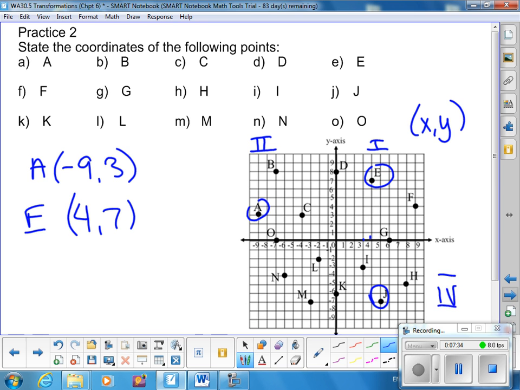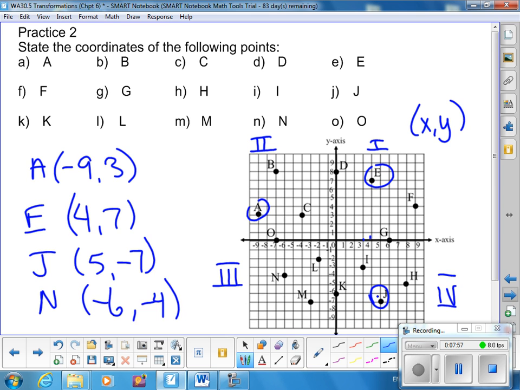So it's positive 5 and negative 7. And N is in quadrant 3. And 1, 2, 3, 4, 5, 6. So negative 6 and negative 4.